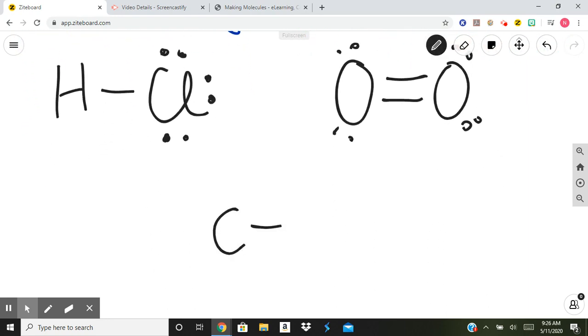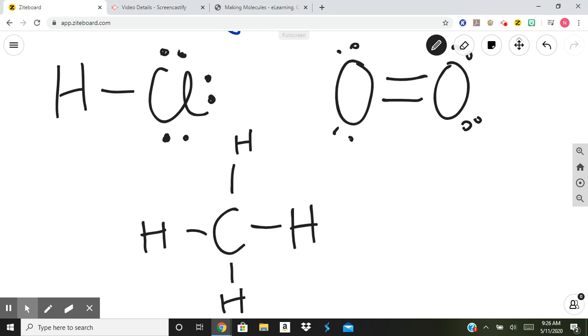nonpolar. All right, so we did methane. So let me make it look a little bit better. Okay, so take a look at methane. Think to yourself, does it look even or not even?